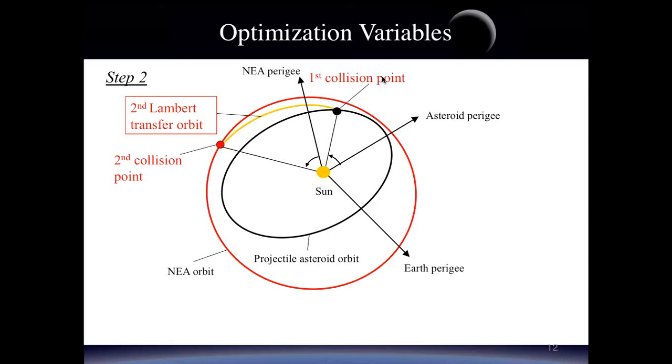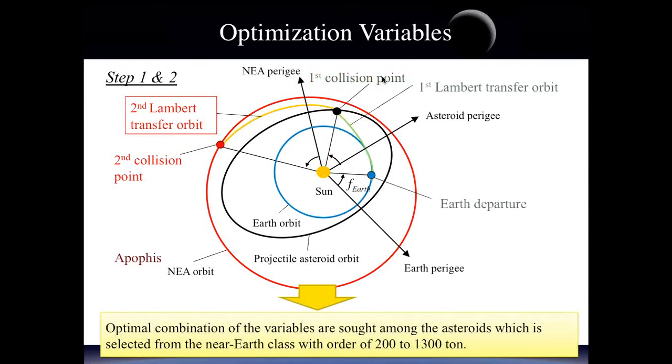In this second phase, the true anomaly of the departure from the small asteroid and arrival at the near-Earth asteroid is considered as optimization variables, and the revolution number and time of flight for this second dumbbell transfer orbit are also considered as optimization variables.